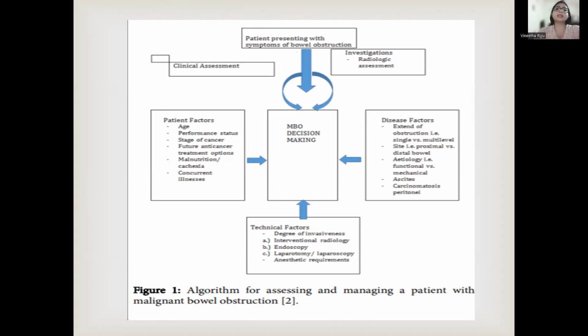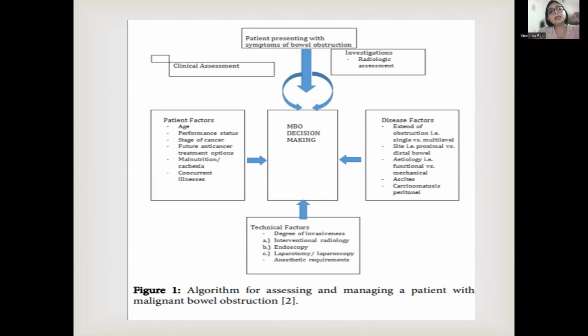And you make a decision on what next. There are some things we should keep at the back of our mind, like what are the patient factors that are going to tell you that you have to go for aggressive management, or what are the patient factors which tell you that you have to go for conservative management. And again, likewise, you also have some disease factors.